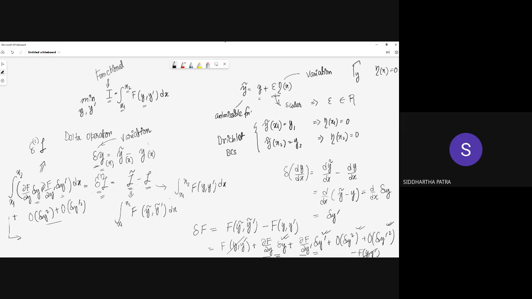Sorry, this quantity, because for an arbitrary variation for all delta y and delta y prime, this quantity must be greater than 0, because I is the minimum value, and I tilde should be greater than or equal to I, which basically means this is greater than or equal to 0, and that must be true for any arbitrary delta y and delta y prime.